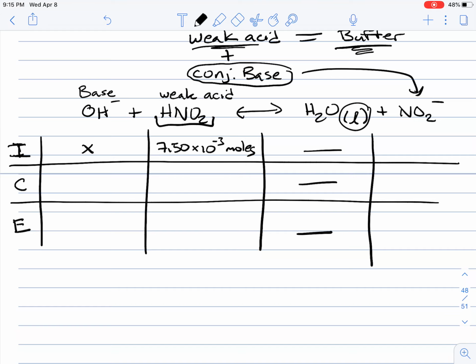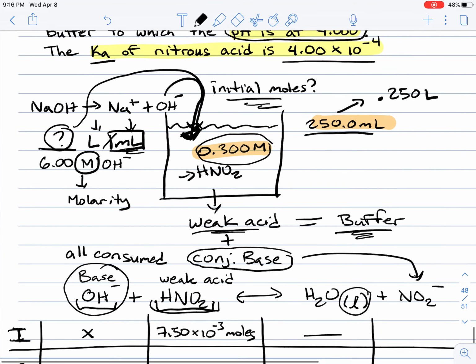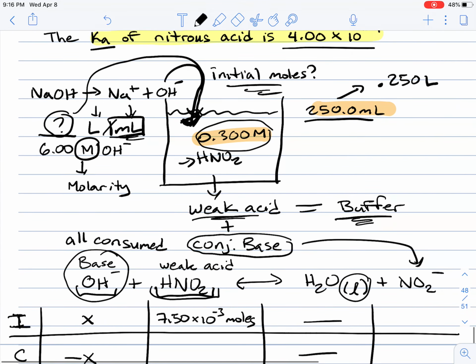Now, we know that this base is going to react with this acid, but since we don't know the initial amount, we don't know how much of it is going to react. But we do know one thing: all of this base is going to be completely consumed. The reason is that we're creating a buffer.